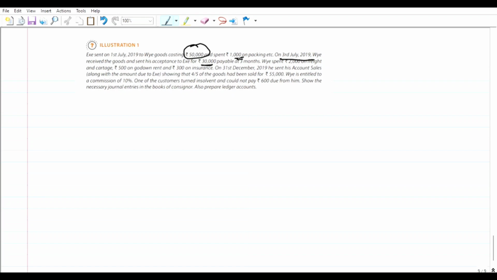Here the amount 50,000 is the goods sent on consignment, and this 1,000 rupees is expenses incurred by the consignor. Okay, and this 30,000 we can call an advance, payable for 3 months.